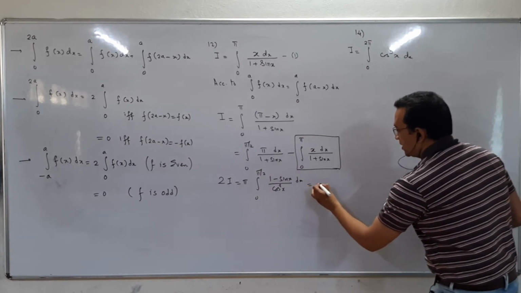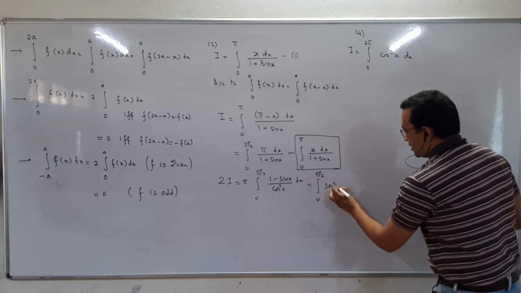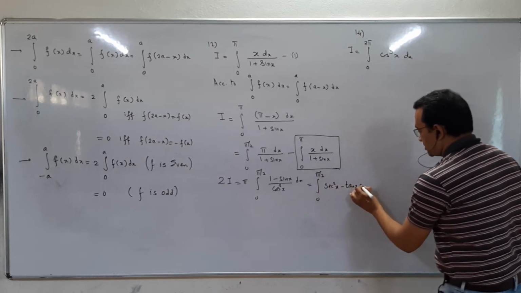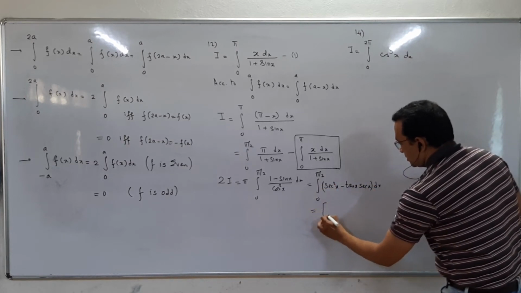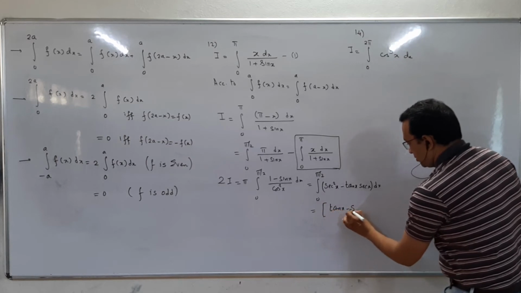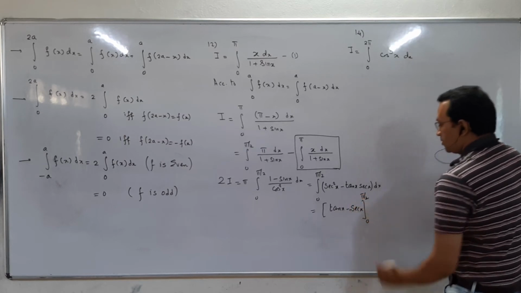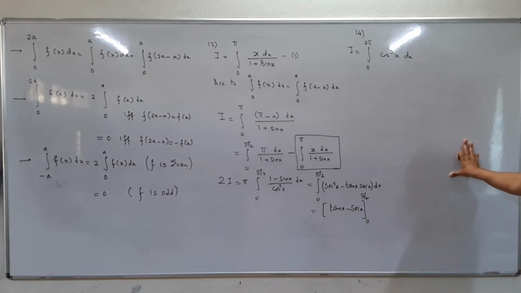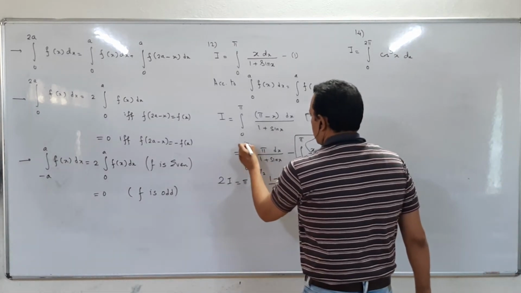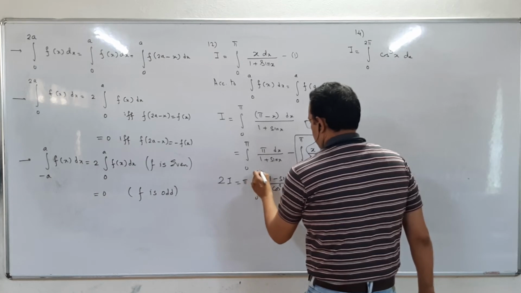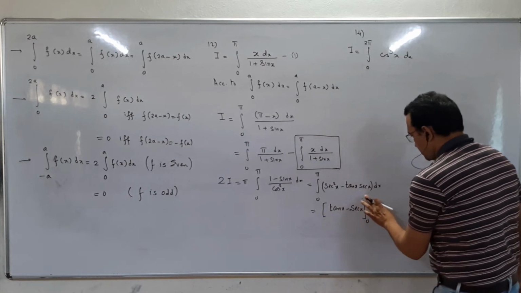So this will be integration 0 to pi of sec square x minus tan x sec x, and so this is tan x minus sec x, limits from 0 to pi. Sorry, students, the limits are 0 to pi.